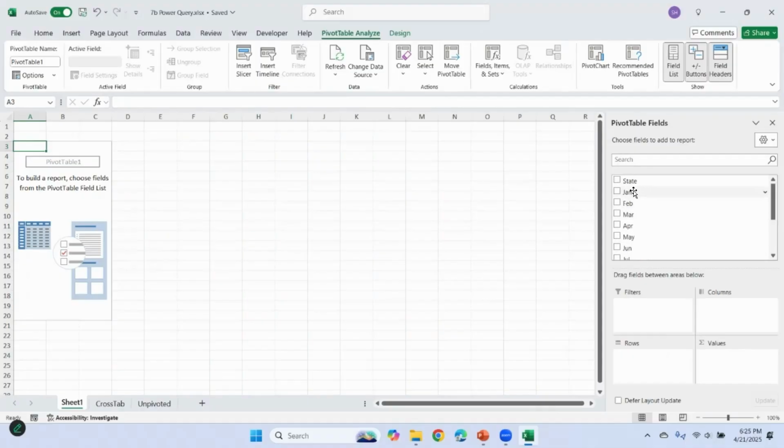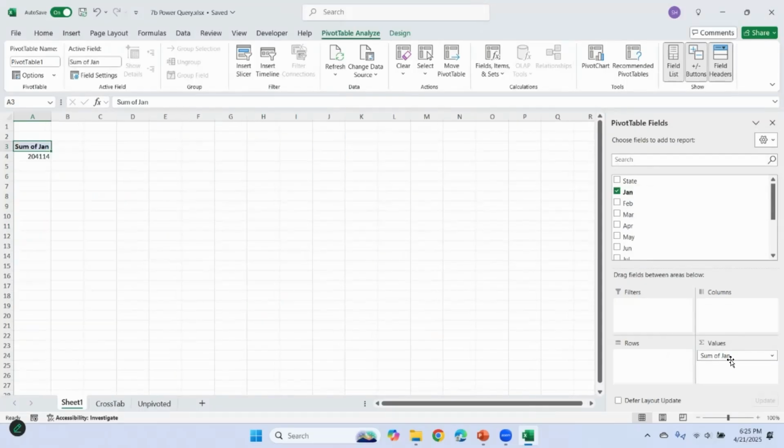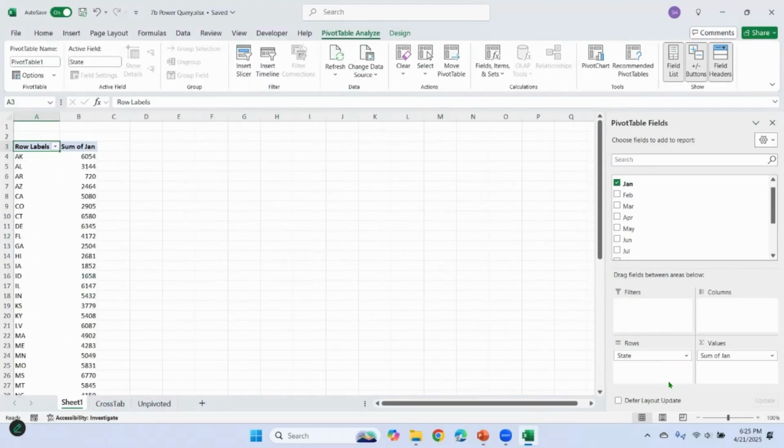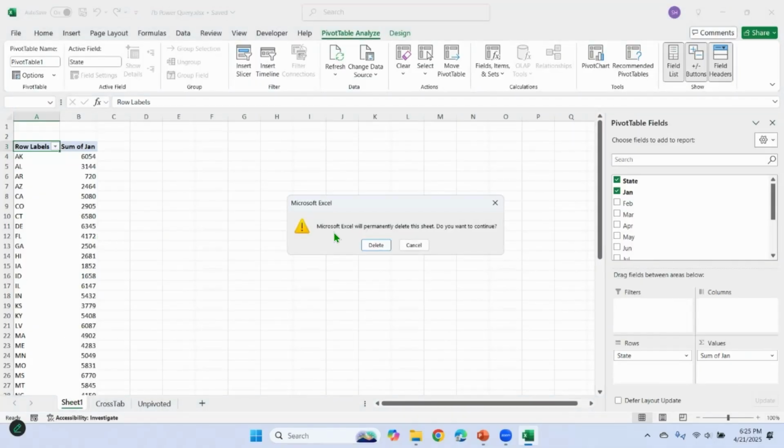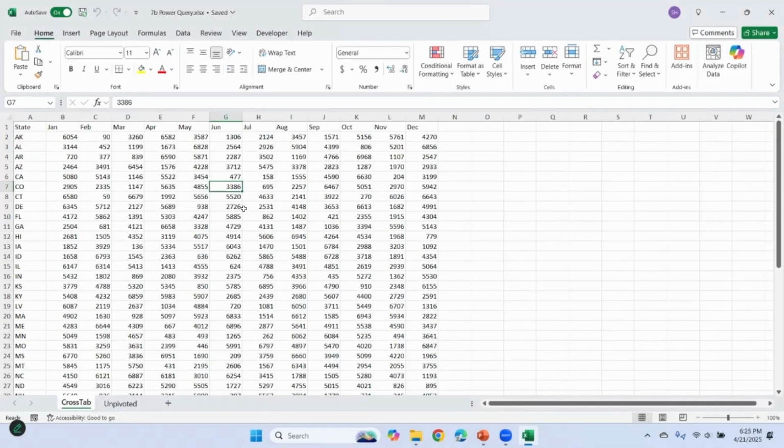Of course, I can bring Jan over here. This is the total sale in Jan. Only for Jan am I doing the analysis. During January, I have this much sale in this state, this much in this state. For February, what do I do? I want to bring it here. So there is too much complication involved in this wide data.